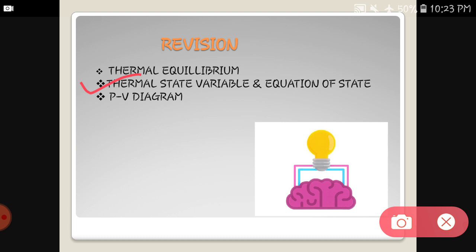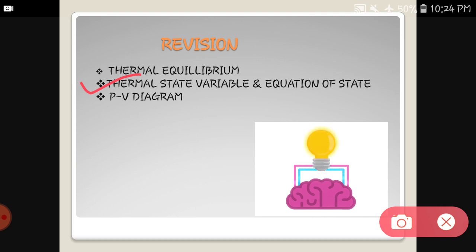Examples of intensive variables are pressure and temperature. Some variables depend on the size, such as internal energy and total mass of the system. So these are known as extensive variables.